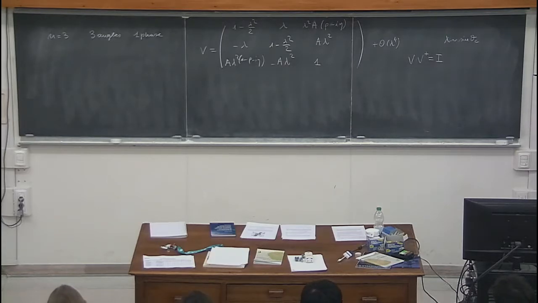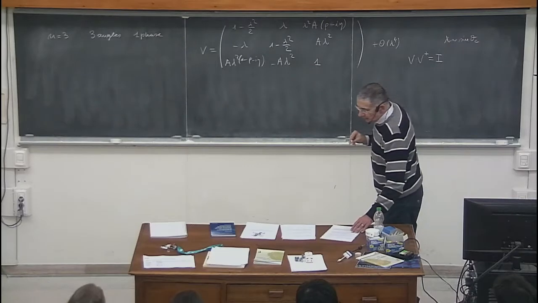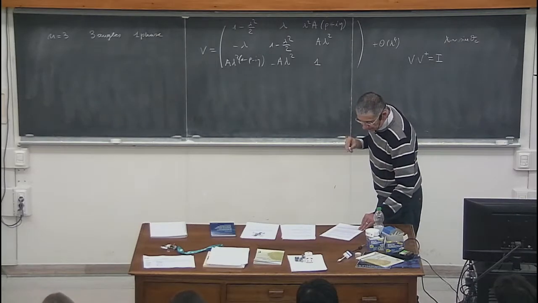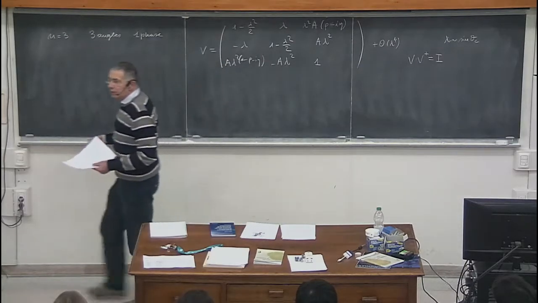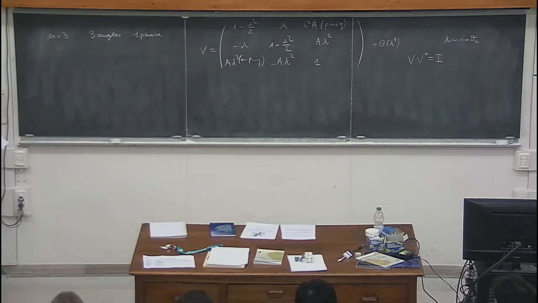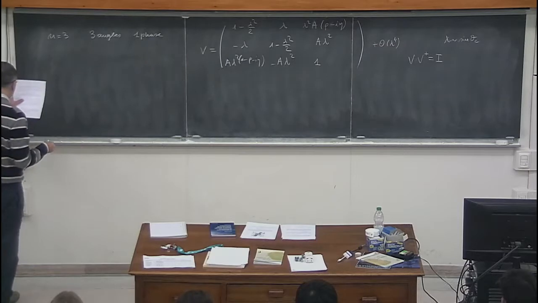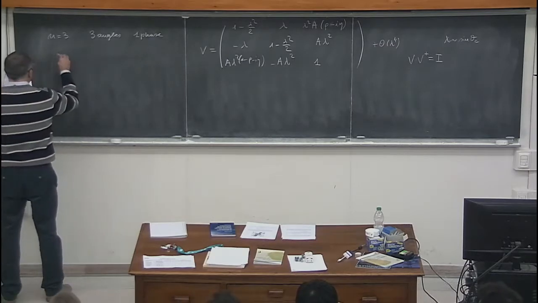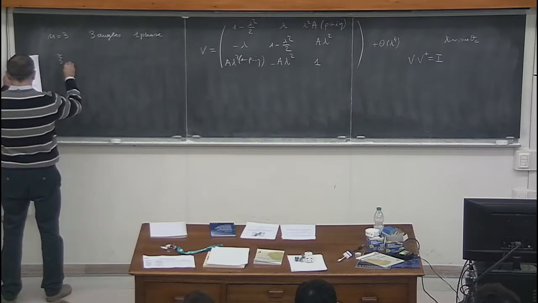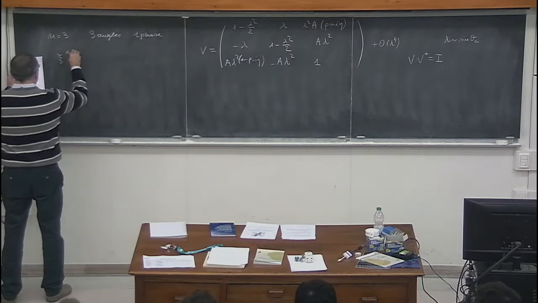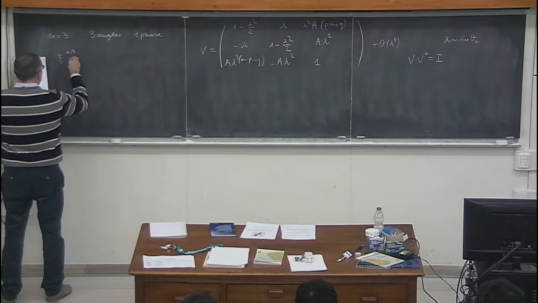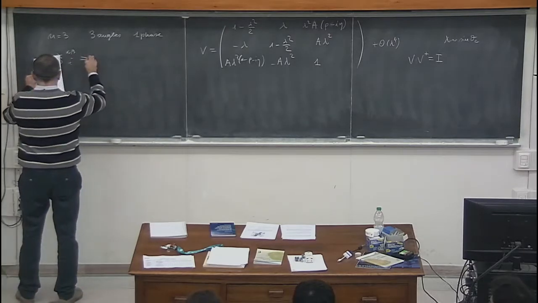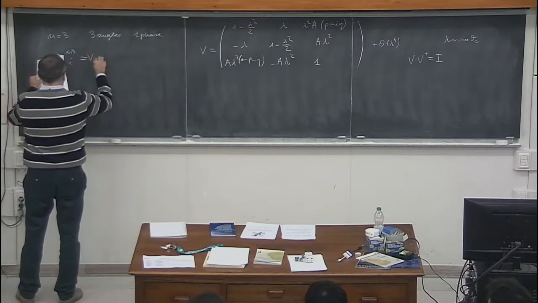Of course, you can test unitarity experimentally. And a test of unitarity means that you have to define quantities psi alpha beta, index i, which is V i alpha times V complex conjugate i beta.